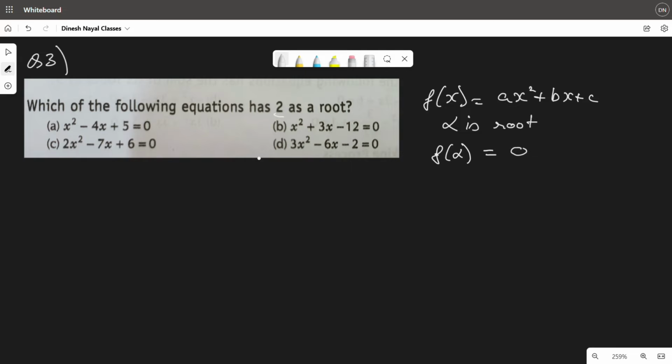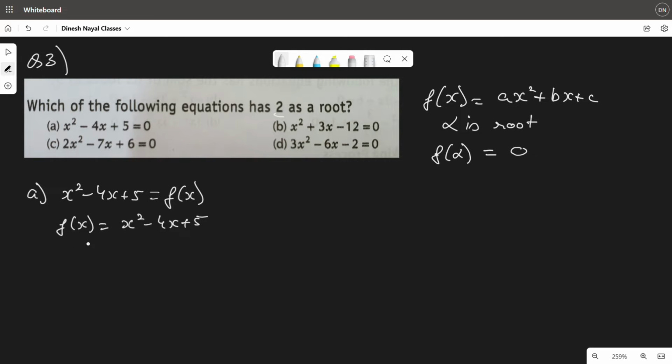Starting with the first one, A is given as x squared minus 4x plus 5. Consider this as a function of x, so f(x) equals x squared minus 4x plus 5.